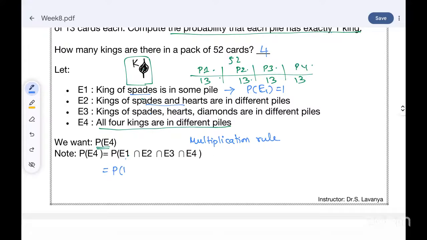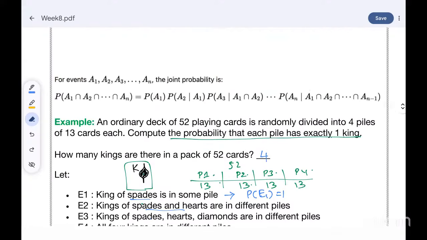P of E1 multiplied by P of E2 given E1. First of all, here it is P of E2 given E1. Go back here and see.